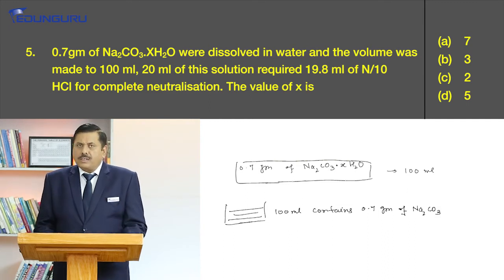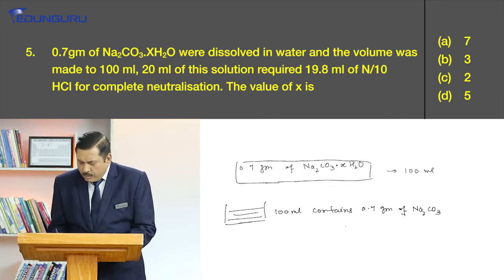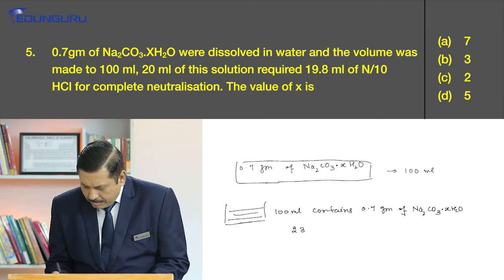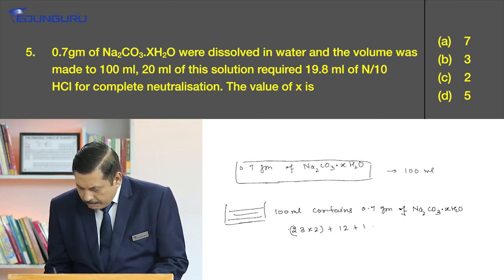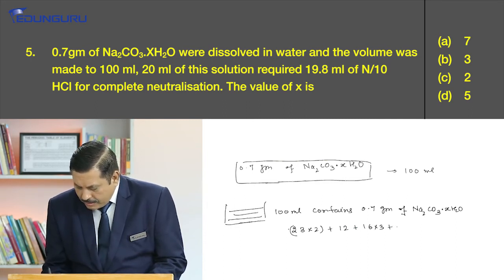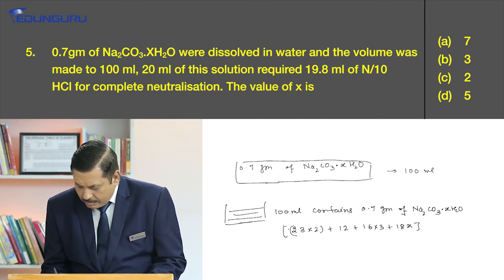Now what is the molar mass of Na2CO3·xH2O? The molar mass is 23 gram into 2 plus 12 plus 16 into 3 plus 18x gram per mole.